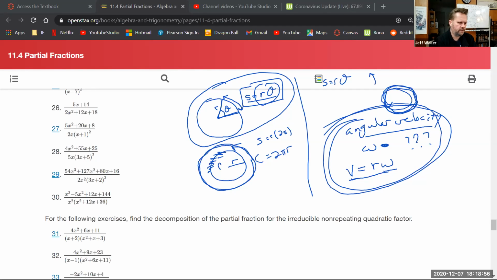All right, let me see. So after that, that was angular and linear velocity. Sequences: how to get a formula just by looking at a sequence.